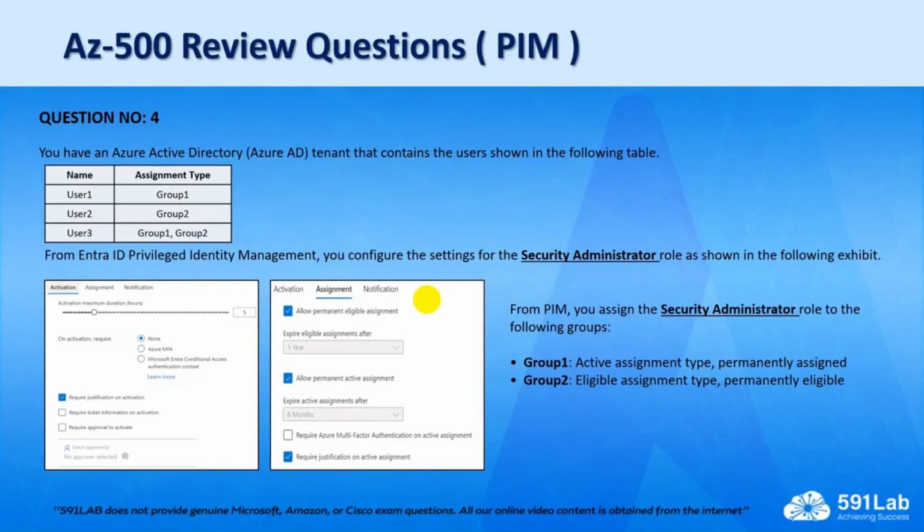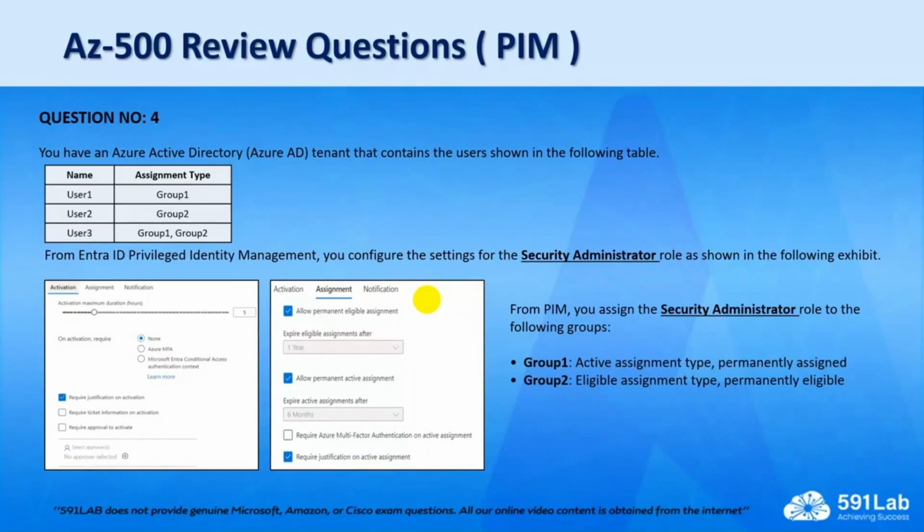So these are the options under activation. Look at the assignment section. Here we have allow permanent eligible assignment, which is checked, fine. And then allow permanent active assignment, which is checked, which is also fine. And the last option says require justification on active assignment. Okay, so we understand these options.